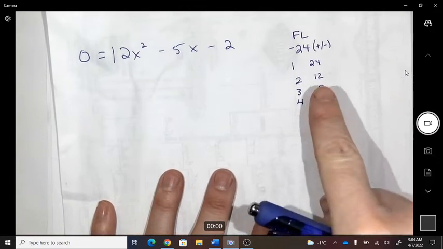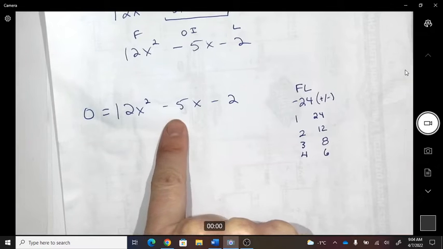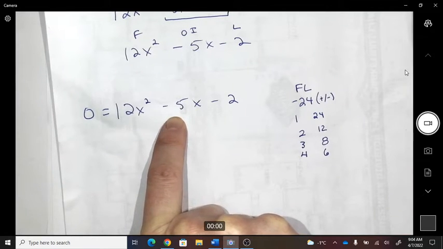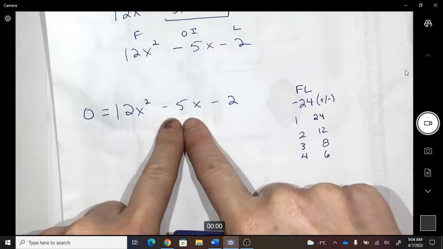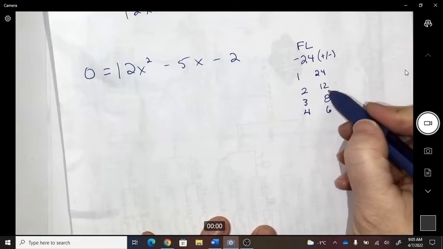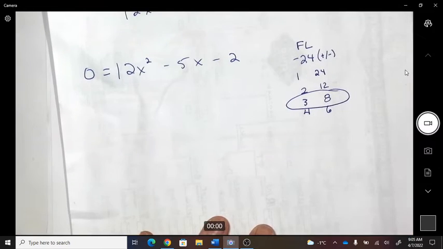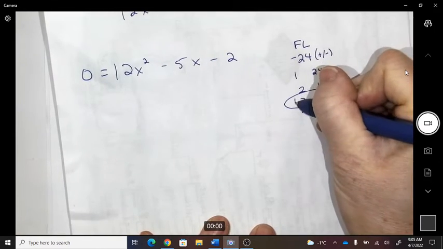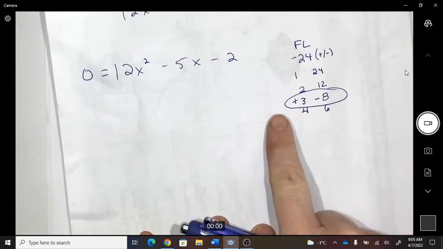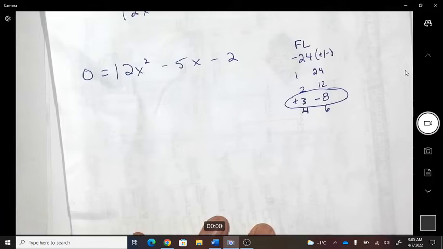I need some pair to end up making a negative 5, adding. So this was a multiply, but the middle is an add. So I'm going to use this pair to make a negative 5. Do you see it? Multiplies to that, adds to that.